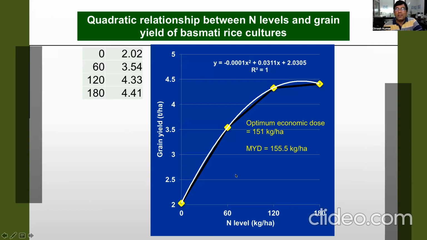But the student forcibly made a quadratic equation. The data was suggesting a linear relationship, but just to calculate the optimum dose of the fertilizer, he or she developed the quadratic equation. Then the optimum dose went much higher than the tested doses. It exceeded those doses. For example, here the highest is 180, but his optimum dose was 220 kg per hectare.